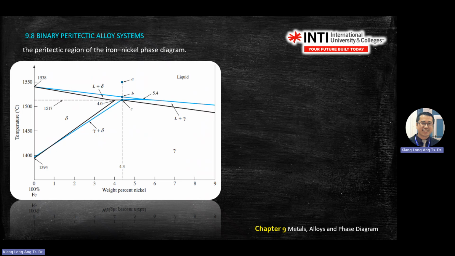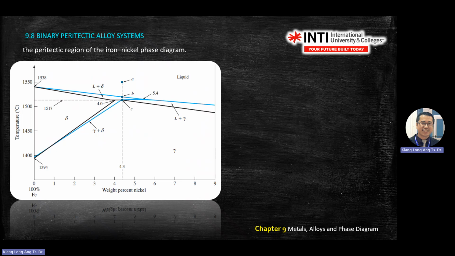Then you look at the temperature. Can you see a eutectic reaction on this phase diagram? Is there liquid to solid? You don't have that, but you have a peritectic reaction where liquid plus one solid become another solid.